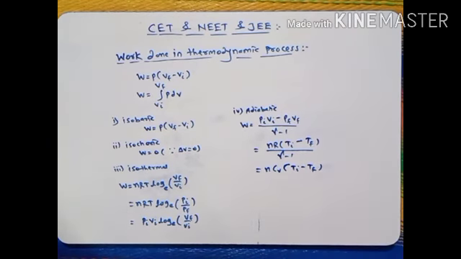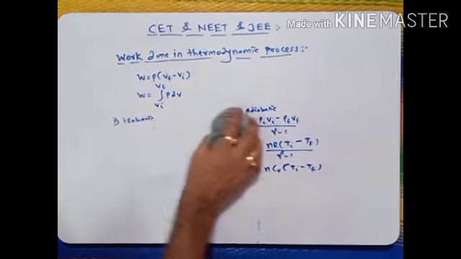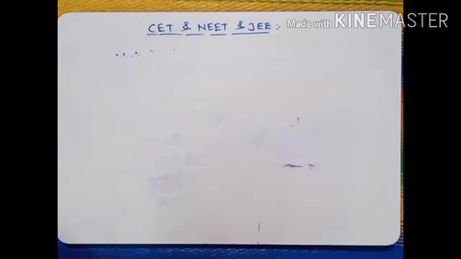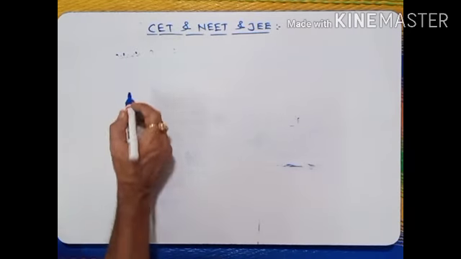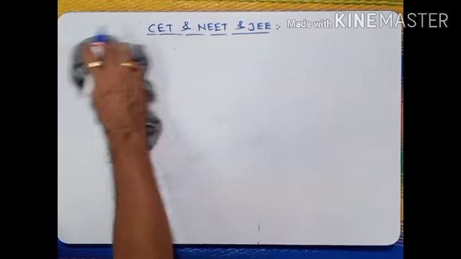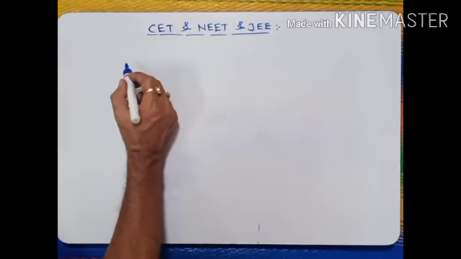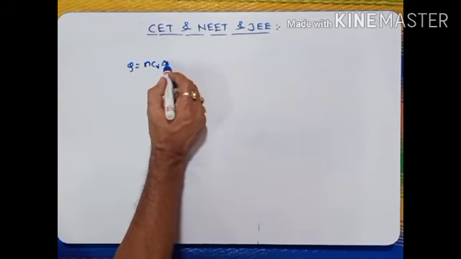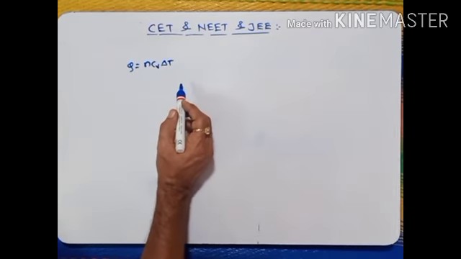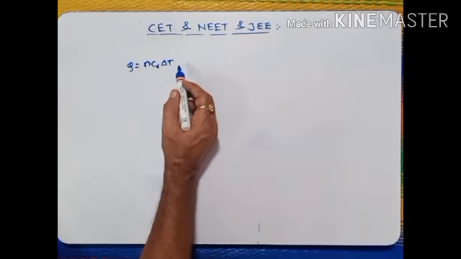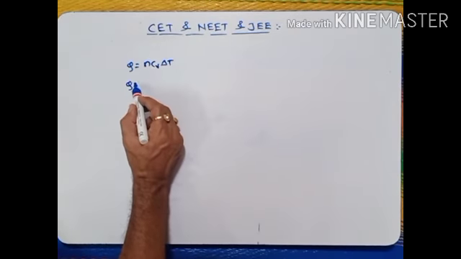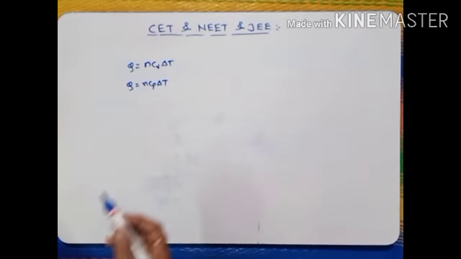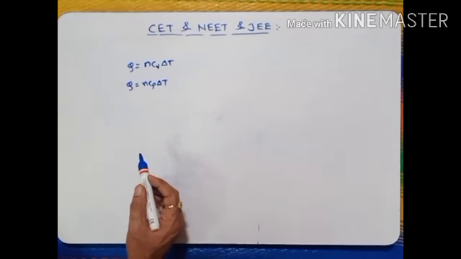Now we consider the next, that is amount of heat added or removed by n moles of gas. We write here: Q is equal to n Cv delta T for isochoric process or isometric process, and Q is equal to n Cp delta T for isobaric process.